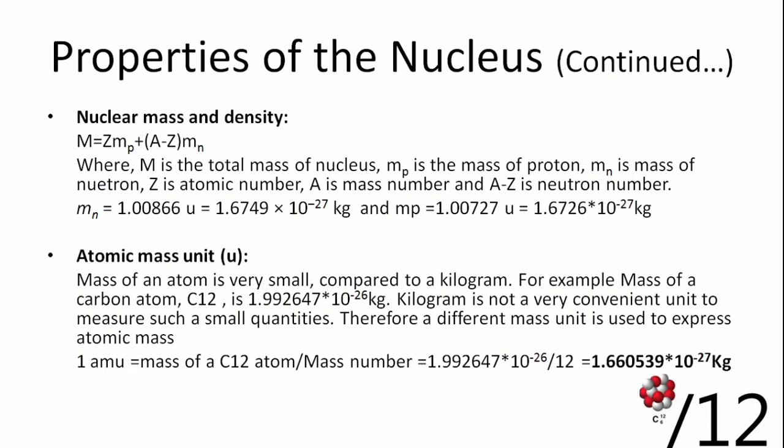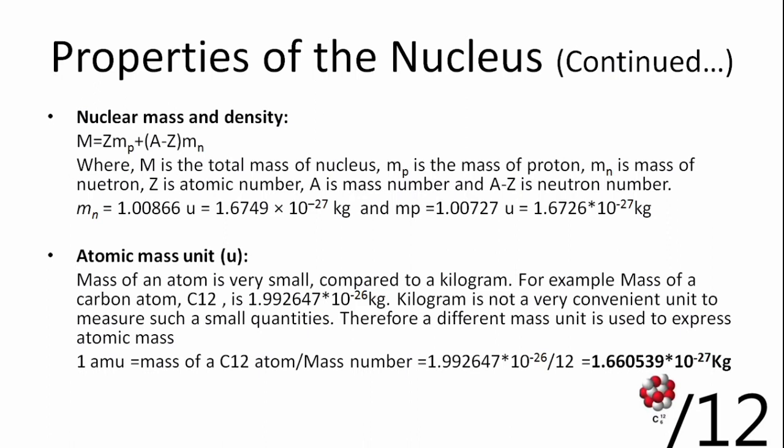Here m is the total mass of a nucleus, mp is the mass of a proton, mn is the mass of a neutron, Z is the atomic number, A is the mass number, and A minus Z will give the neutron number.